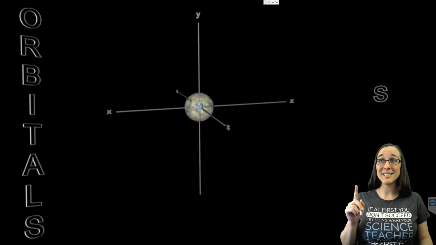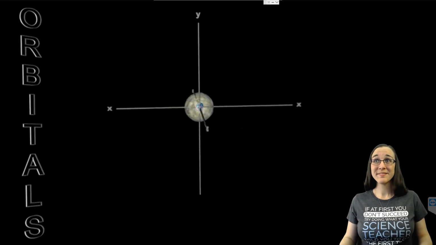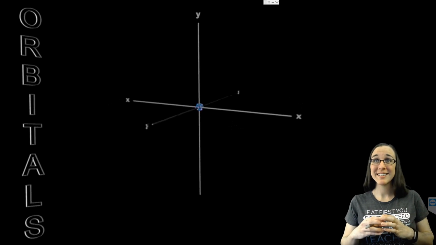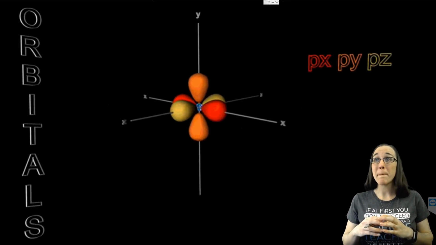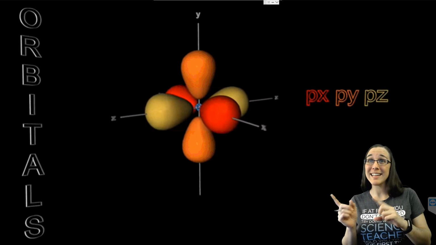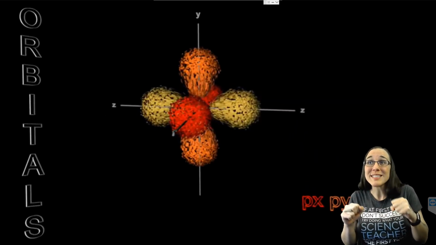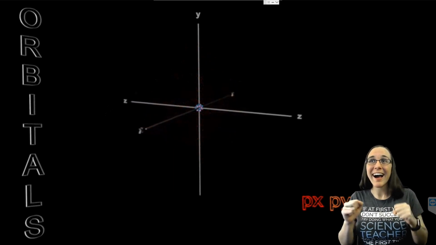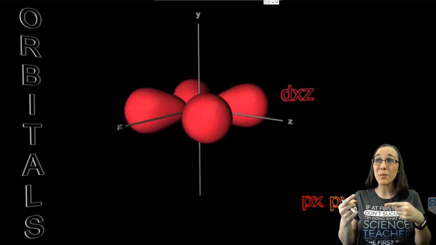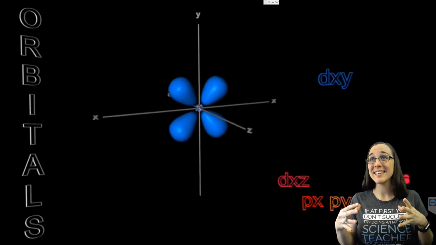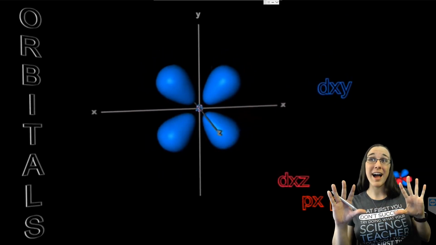So there's the S orbital, and you can tell that there is a circle in the center. Now these are the p orbitals along the x, y, and z axis. Now we're in the d orbitals. They kind of look like clovers. That's along the x and z. This is still d along the x and y axis.